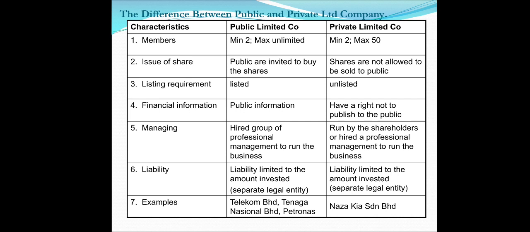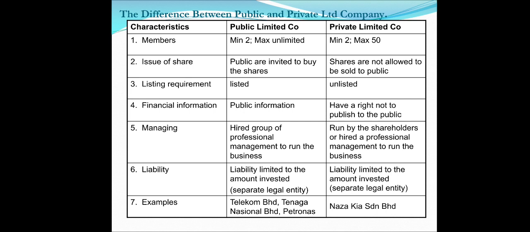For a public limited company, the number of shareholders or owners is unlimited. Anybody can purchase shares of a Berhad company, like Petronas shares, at any time in Bursa Malaysia.